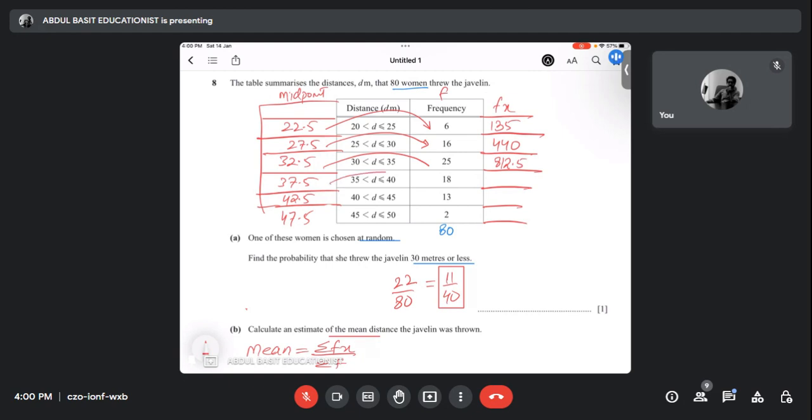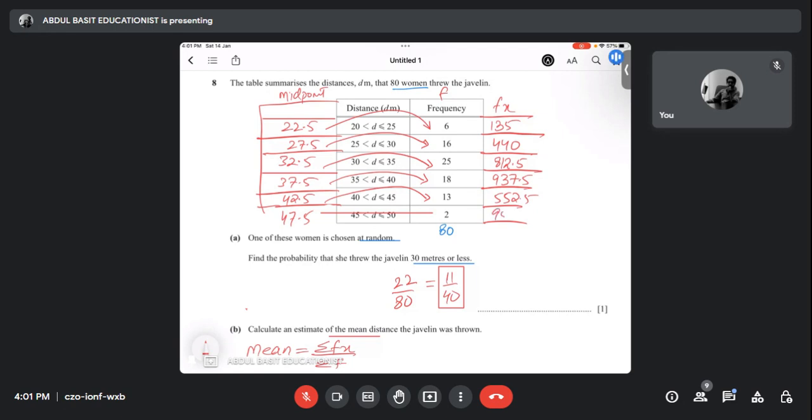Okay, 37.5 times 18 is 937.5. Okay, 42.5 times 13 is 552.5. Okay, 47.5 times 2 is 95.